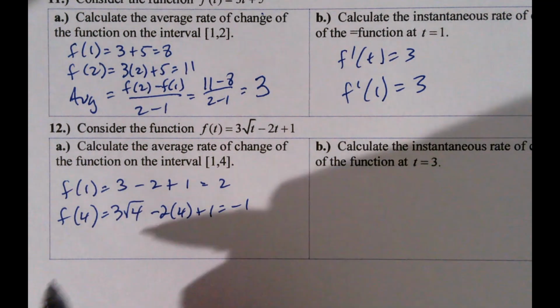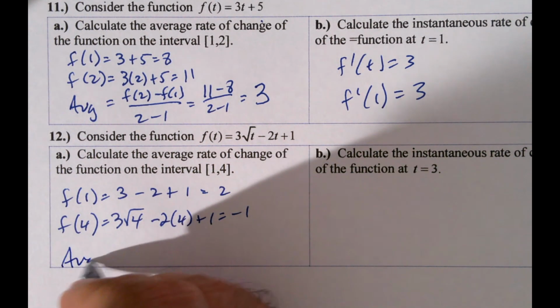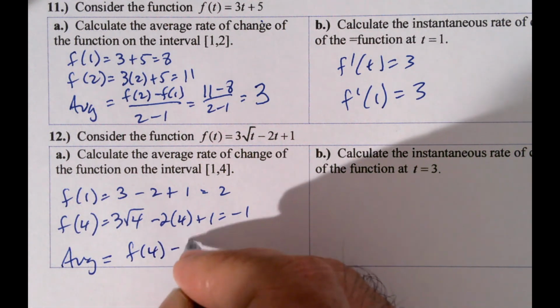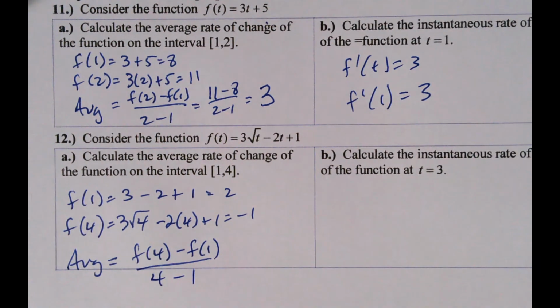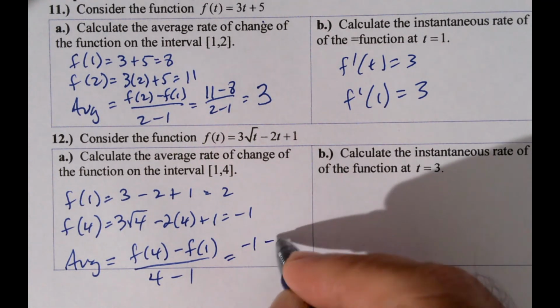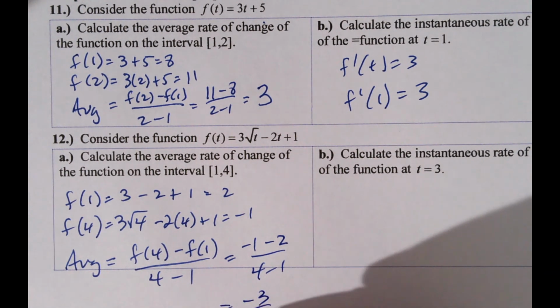So we have what values? The average slope is f of 4 minus f of 1 over 4 minus 1. F of 4 is -1. F of 1 is 2. So that's negative 3 over positive 3.